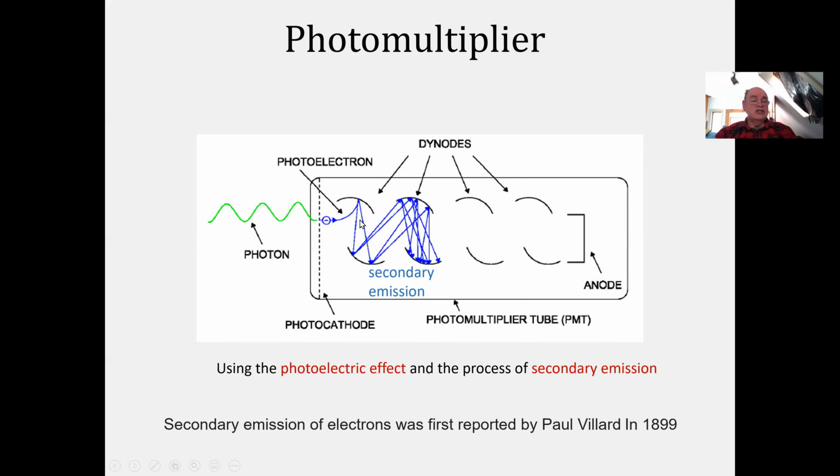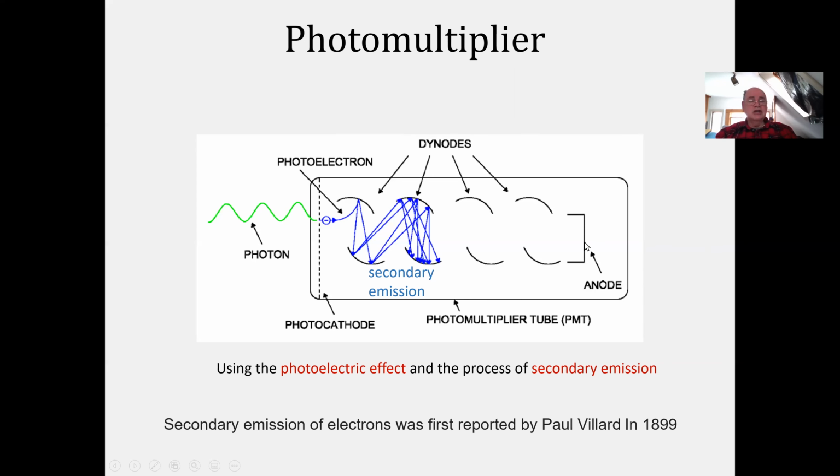And although these two electrons here would have only the same energy as this one electron here, you can't make energy. But there's a great voltage between these two dynodes. So as these two electrons of half the energy of this original guy move from here to here, they will pick up energy because of the voltage that's being crossed. So these electrons are not only multiplying, but their energy is staying very high.